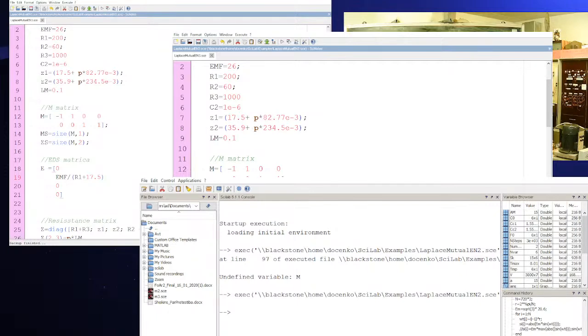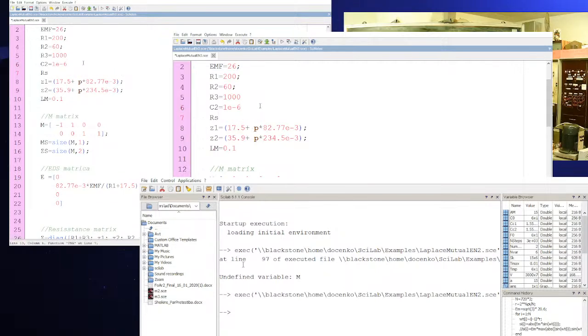L E L. It's L. So I need to multiply this by L self, and this is self. You know, it looks stupid.